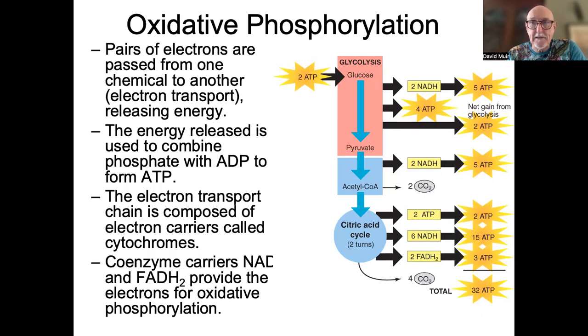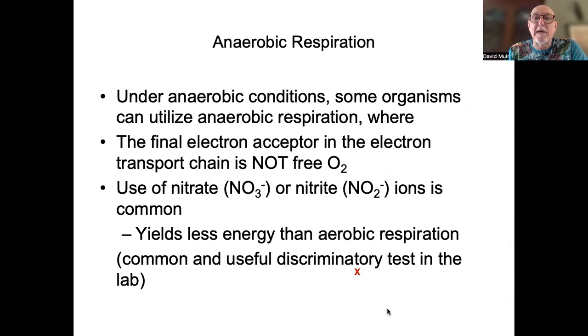Everything gets complicated. And the first little complication to mention is this: that there are certain organisms which, under anaerobic conditions, where there is no oxygen, can continue to use aerobic processes in order to produce ATP.